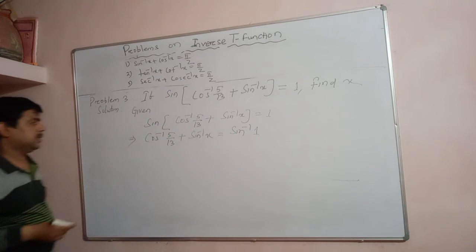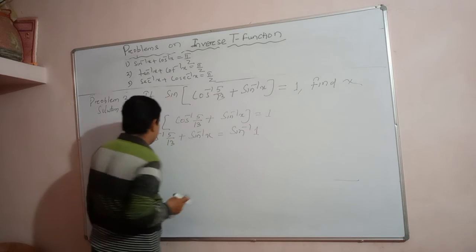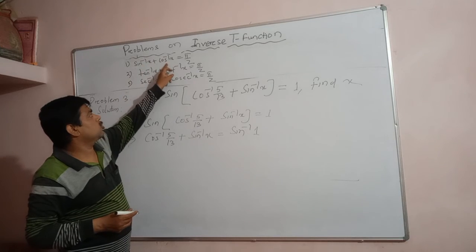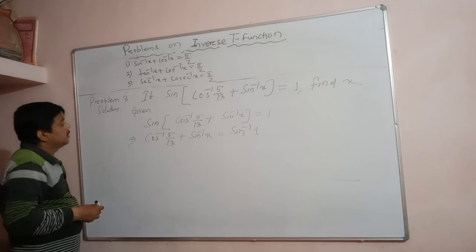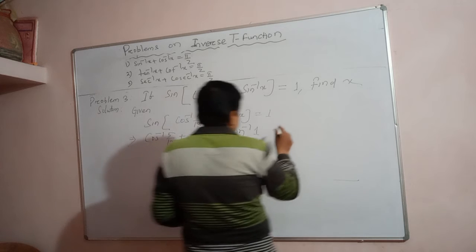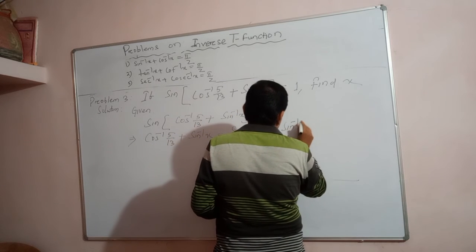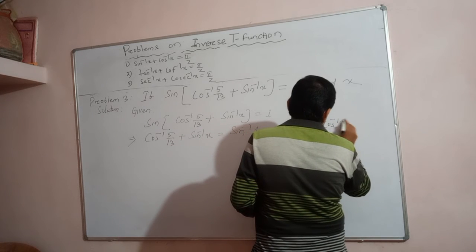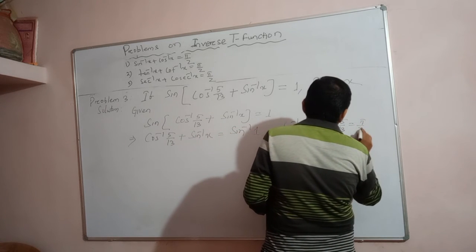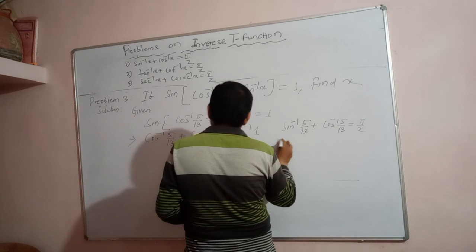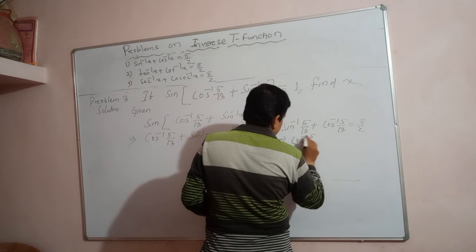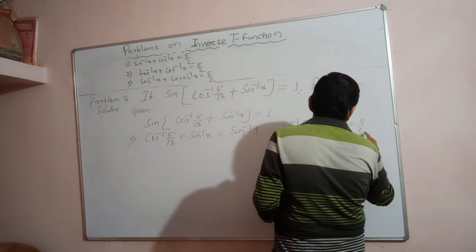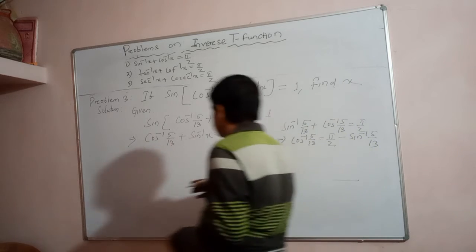Since we know sine inverse of x plus cos inverse of x is pi upon 2, we can write cos inverse of 5 upon 13 as pi by 2 minus sine inverse of 5 upon 13.